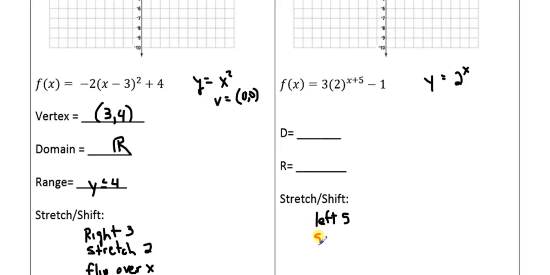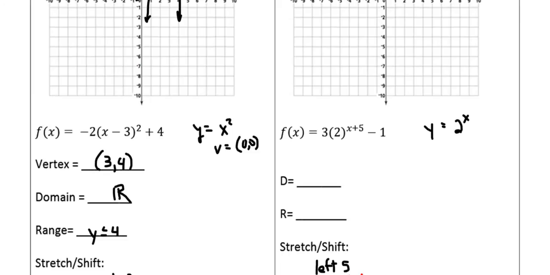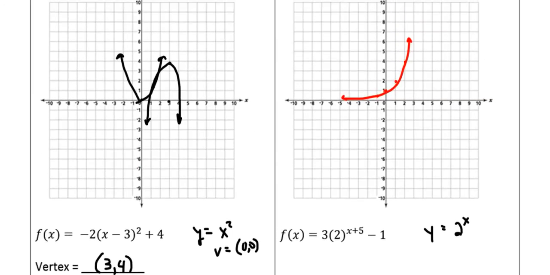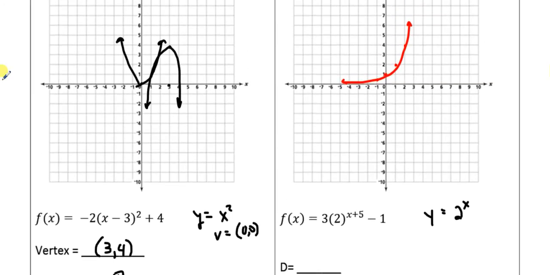We're going to stretch it by a factor of 3, and then down 1 for the minus 1 at the end. So this graph is going to go up faster, but we're going to go left 5.